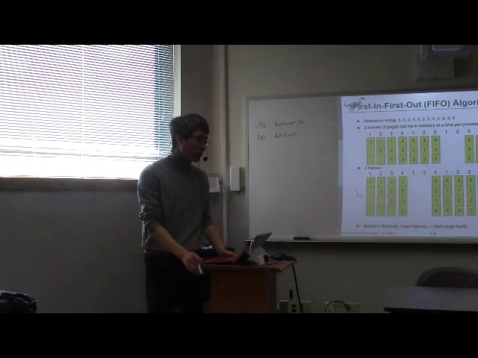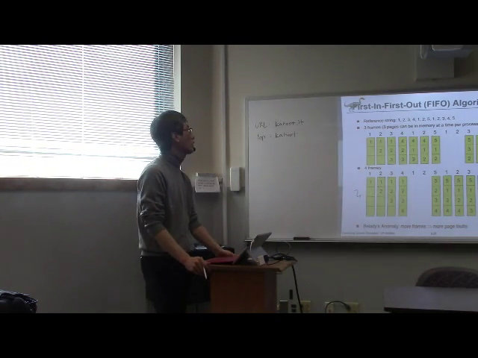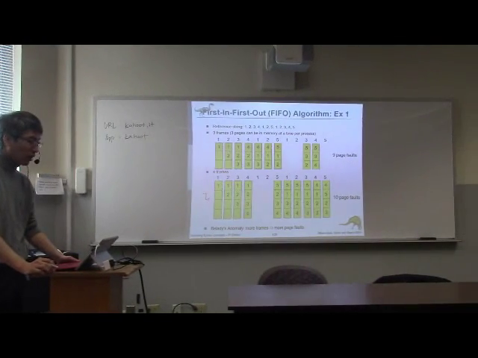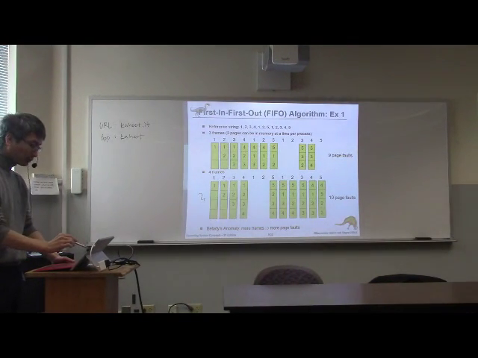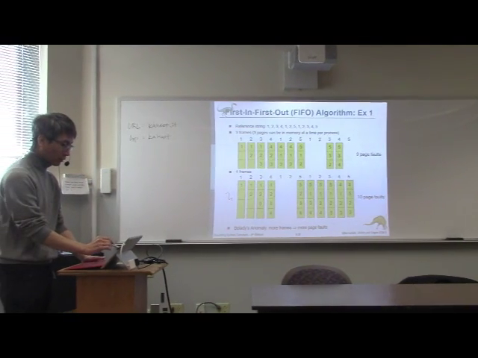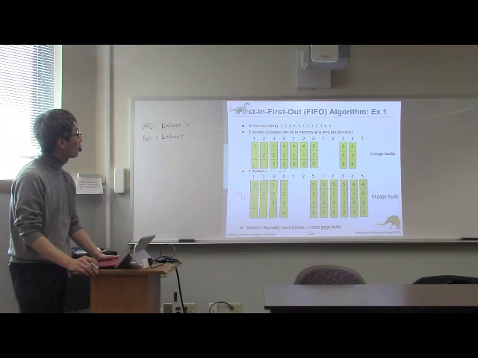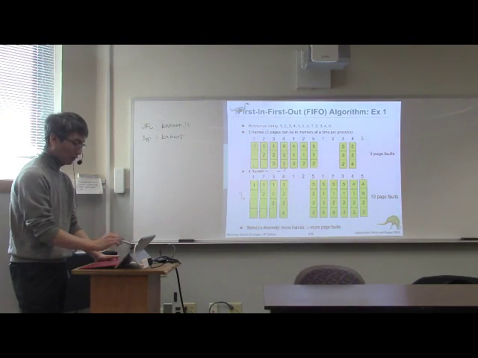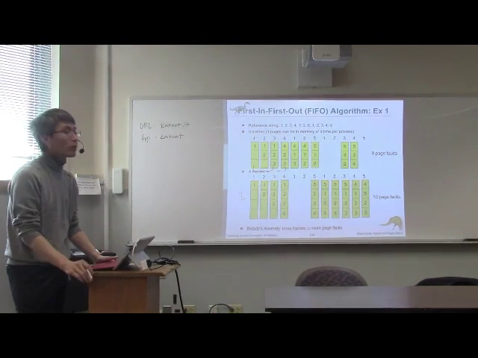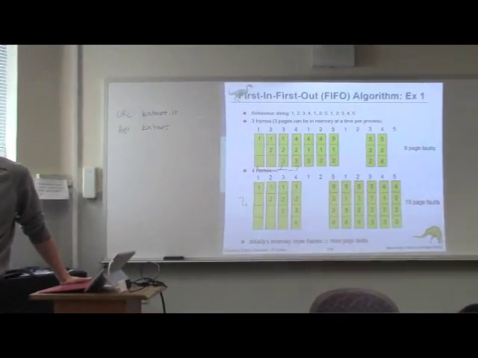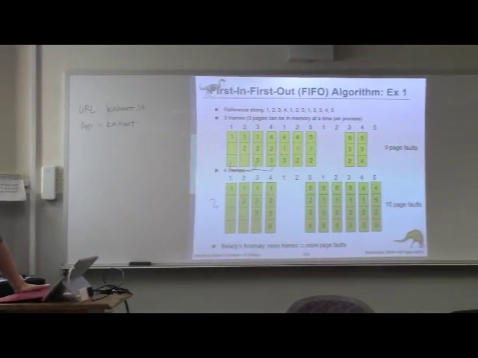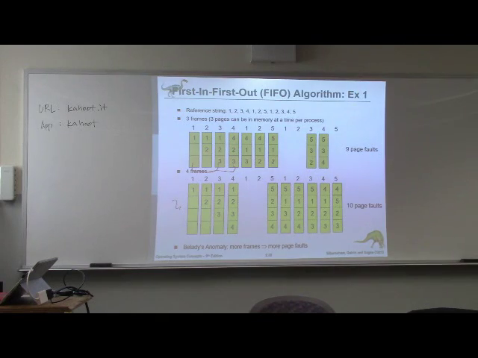The first algorithm that we consider is first in, first out. Don't forget the first three. This one is a page fault because we cannot find the desired page in the page frame.